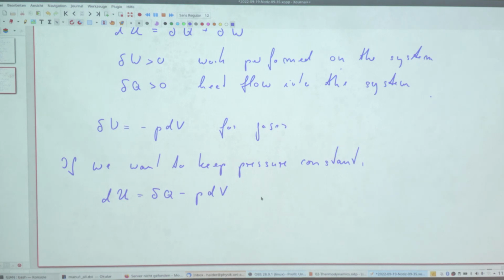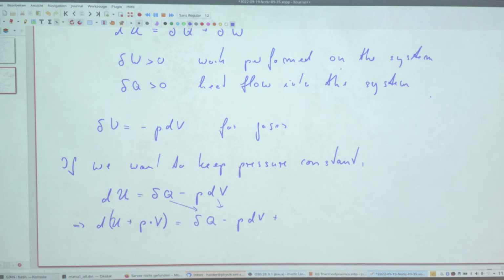I rewrite this to dU plus something. Now I want to have something plus dP. So what I do is to add P times V. If I do so, I have dU plus PdV plus VdP. And dU is delta Q minus PdV. That's this one here.